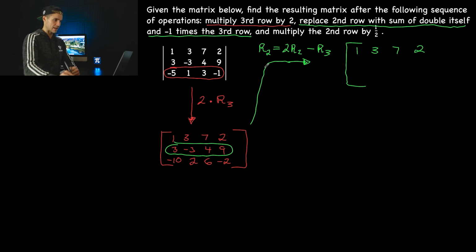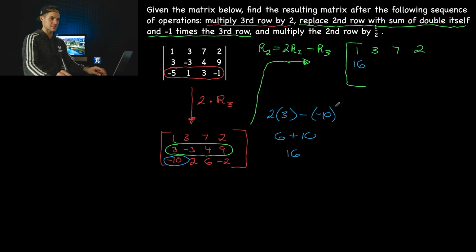So what's going to happen is this 3, what it's going to change to is 2 times itself, 2 times 3, minus the -10, minus R3, right? The number in the third row for that specific column. We're dealing with the first column, right? So 2 times 3 minus -10, which would be like 6 plus 10, which would give us 16. So that's going to be 16 right there.